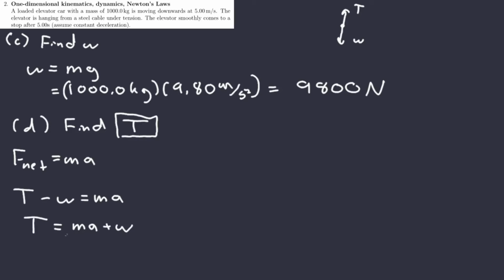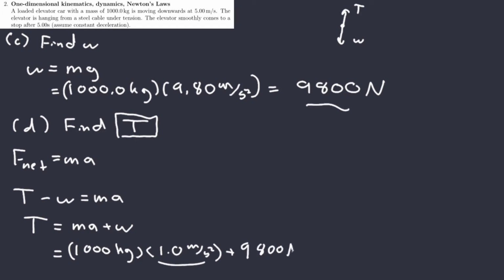And now we're ready to plug in numbers. T is equal to 1,000 kilograms times A, which is what we found in part B, 1.0 meters per second squared. This is from the previous section. And then W, we already found here, it's 9,800 newtons.